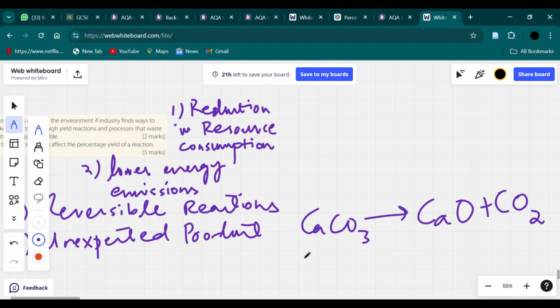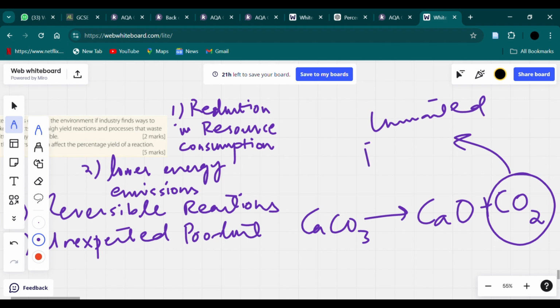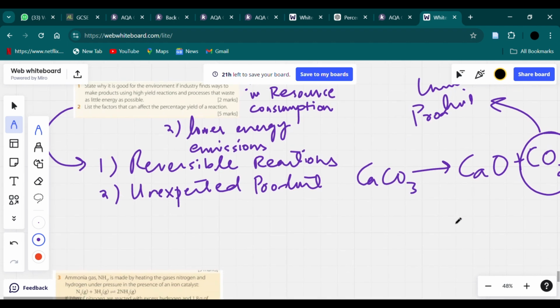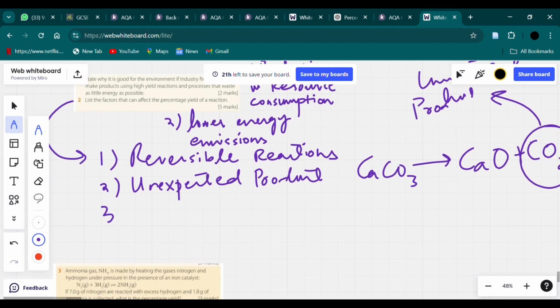So some of the mass of the calcium carbonate is utilized in producing the carbon dioxide instead of the calcium oxide. So here this is the unwanted product. Because of the production of unwanted products, there would be a reduction in the actual yield.